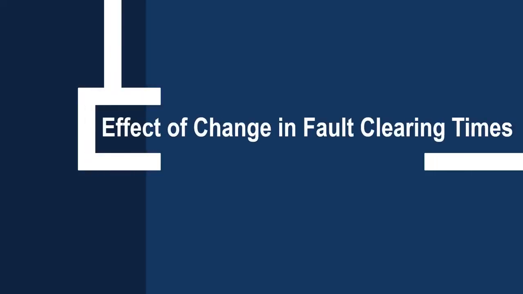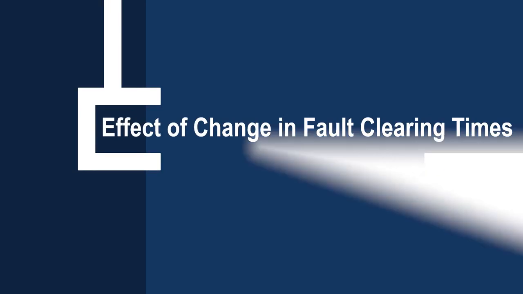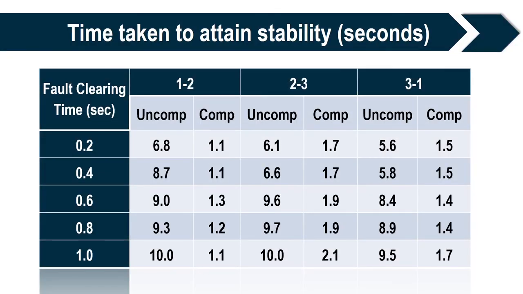We also studied what is the effect of the change in the fault clearing time. As I told you, in this case we had inserted the fault at time 15 seconds and the fault clearing time was taken as 1 second. Now let us see what is the impact of the change in the fault clearing time. So accordingly, different fault clearing times were selected.